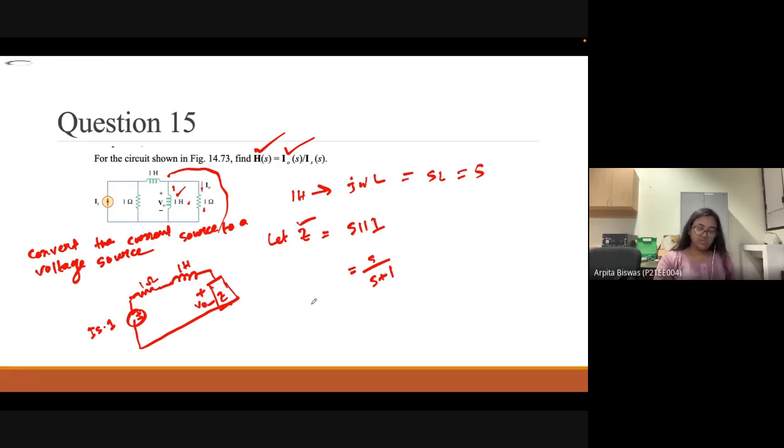Now, how to find out this V output? The output is Z by Z plus 1 plus s into V input. That means Is into 1. So Is, then just put down the value.